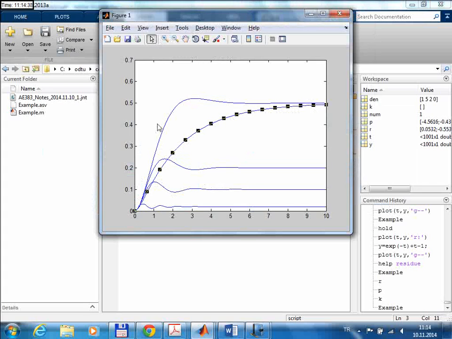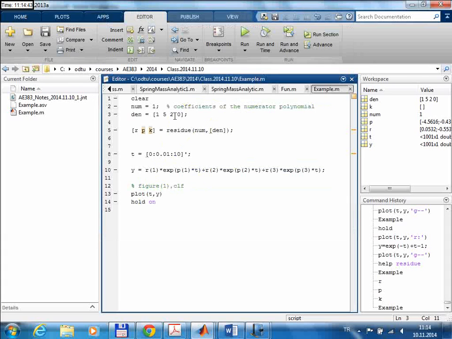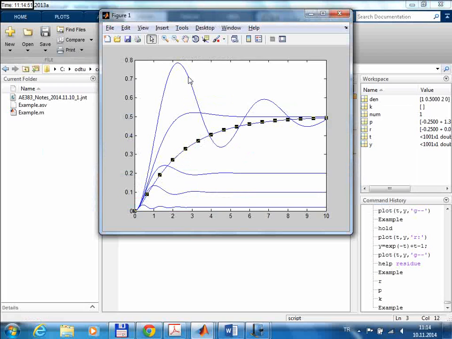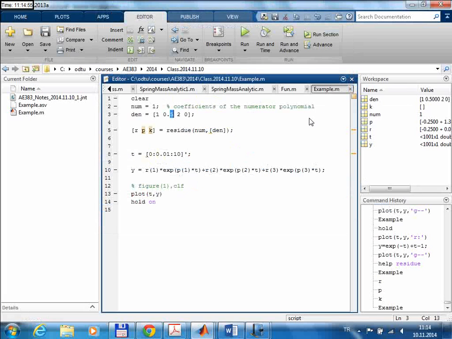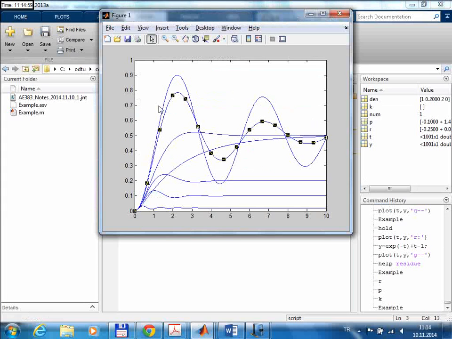Okay? Let me make it smaller. Let me make it 0.5. The newest response is this one. Make it even smaller, like 0.2. So it starts to oscillate more and more, as you see here.